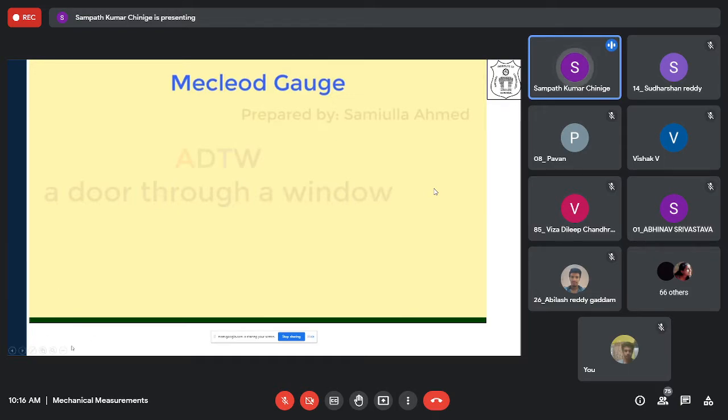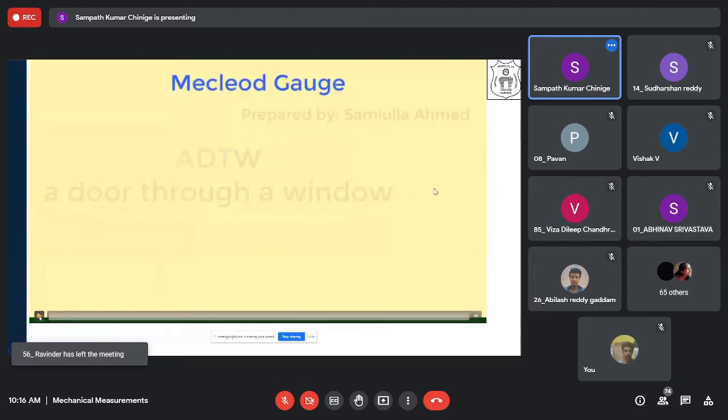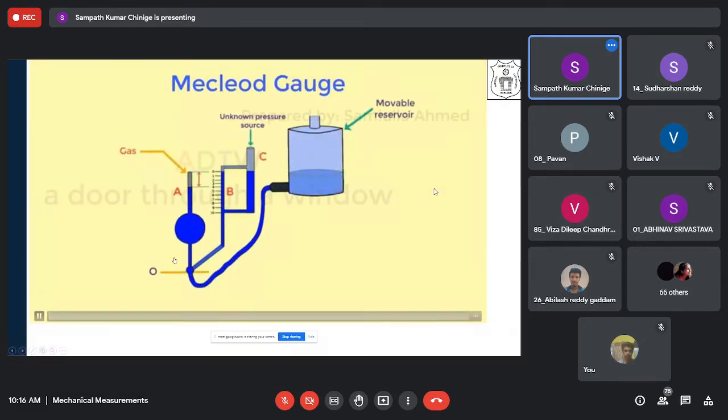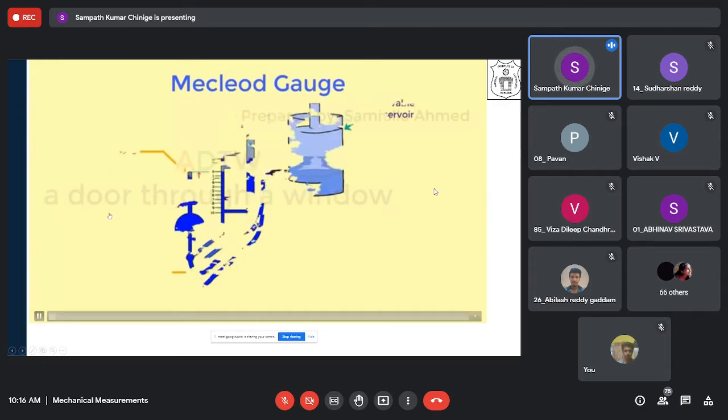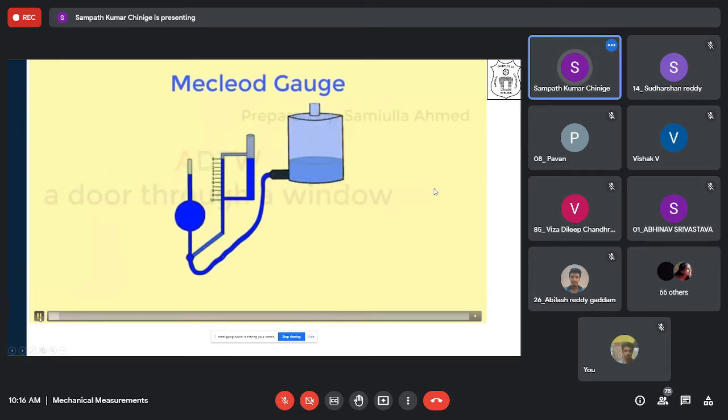So let us look at this. This is the McLeod pressure gauge that we will be using here. Here you can see that there is a reservoir. My hand cursor is visible, right?